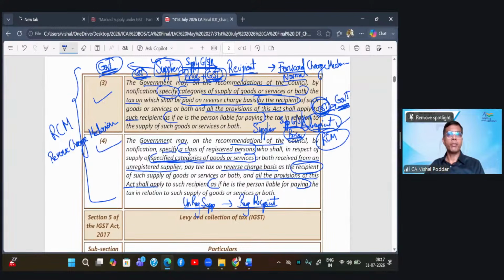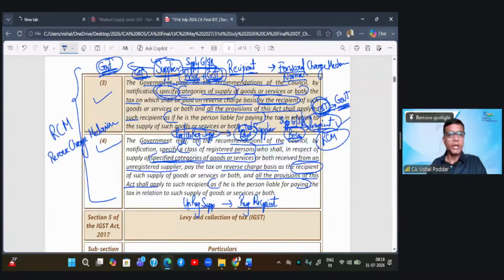So in 9(3) and 9(4), what is the difference? In 9(3), there is no requirement whether the supplier should be registered or unregistered. So supplier may be registered or unregistered here. Similarly, recipient also may be registered or unregistered here. So in case of 9(3), this status of supplier and recipient is immaterial. What is only important is the specific categories of supply.